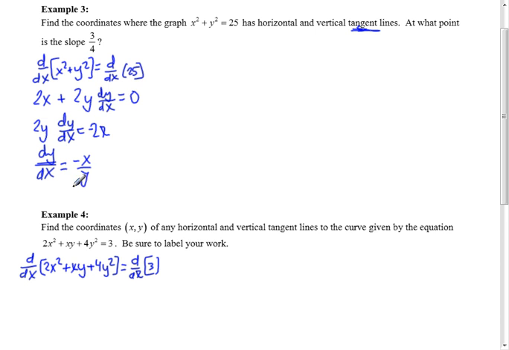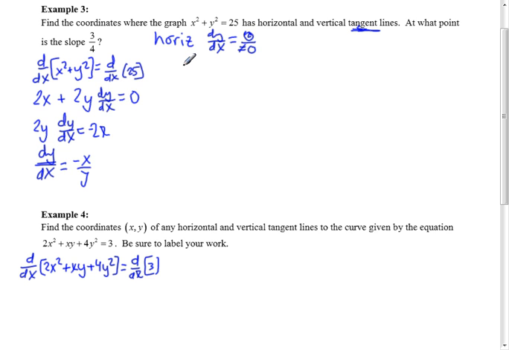So the first part of this problem is asking where it has horizontal tangent lines. For horizontal tangent lines, we know that the slope should be 0, and instead of using slope, our dy/dx equals 0, where the top is 0 and the denominator is not 0.